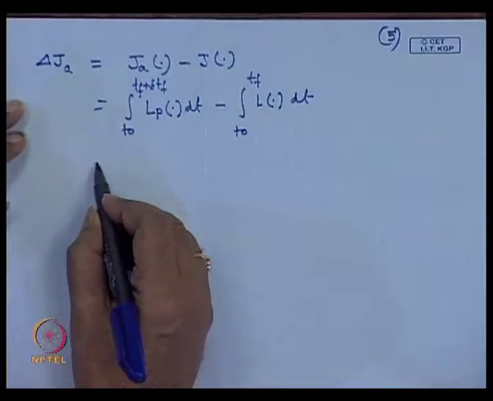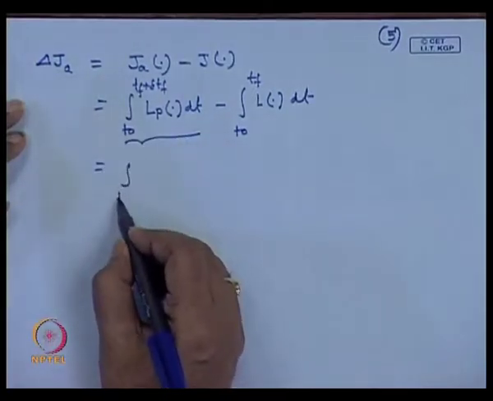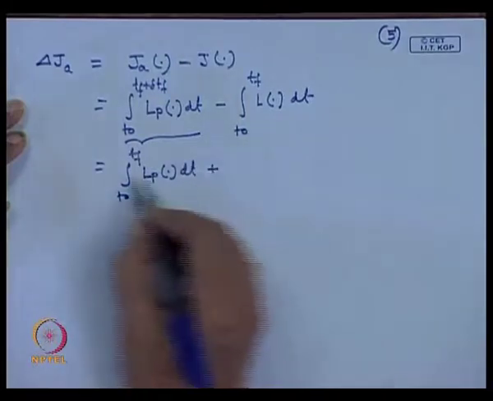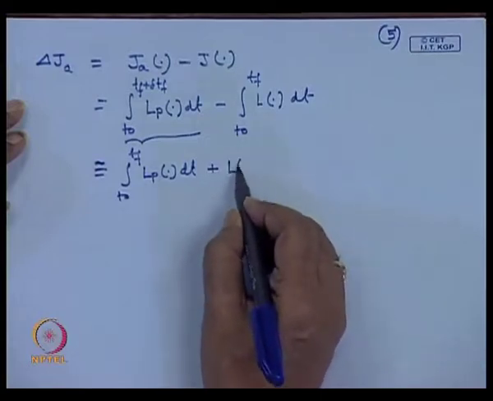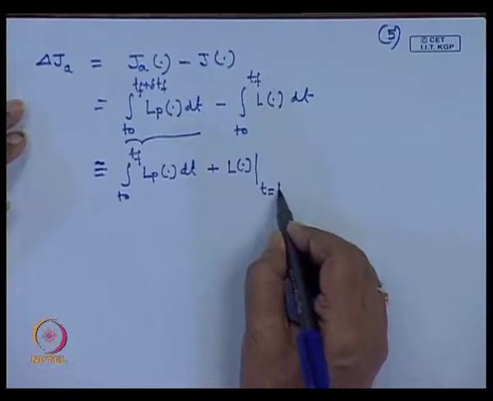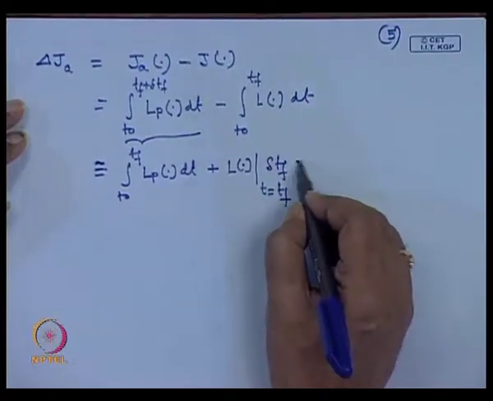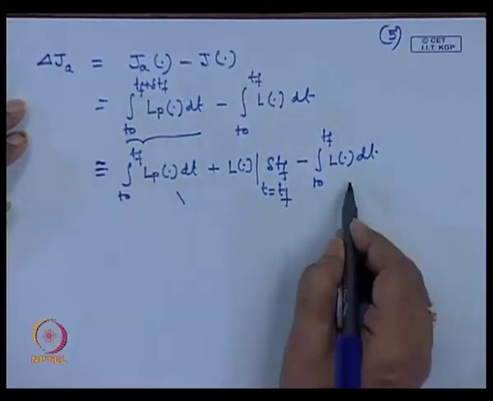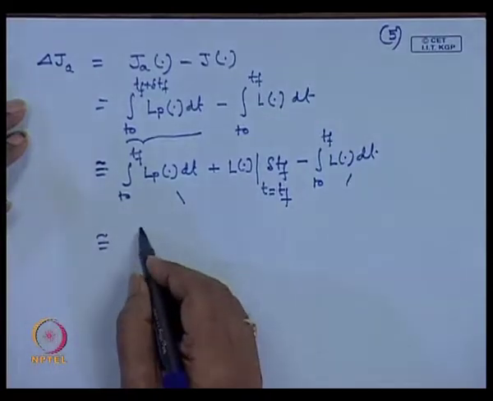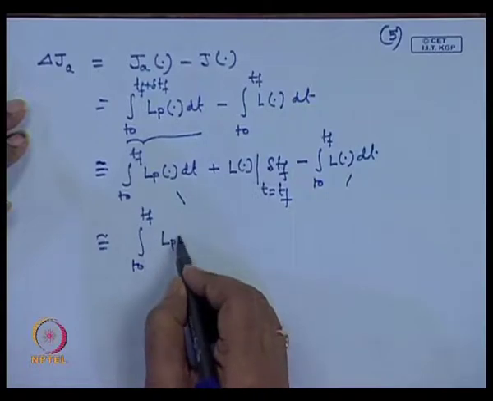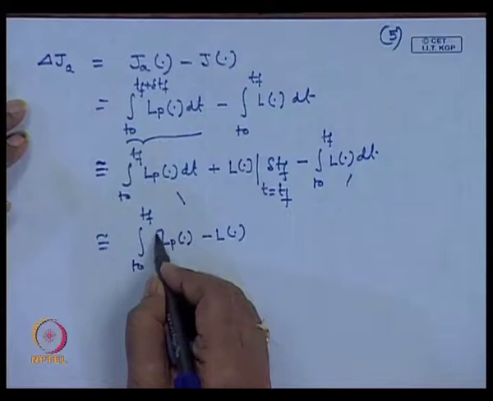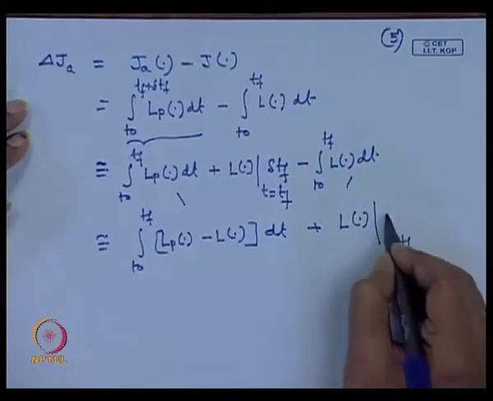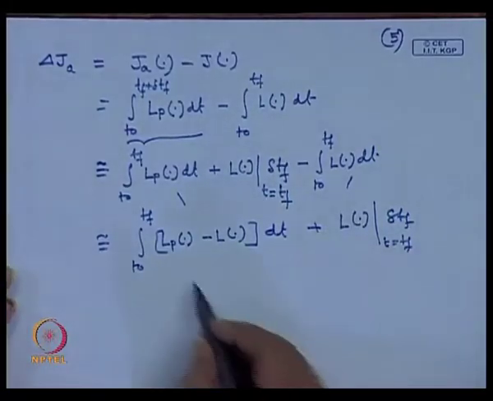We can write this as the integral from T 0 to T f of L p dt, which is nearly equal to L at t equal to T f times delta T f, minus the integral from T 0 to T f of L dt. Clubbing these together, this is nearly equal to the integral from T 0 to T f of (L p minus L) dt plus L at t equal to T f times delta T f, agree? So, we got this.